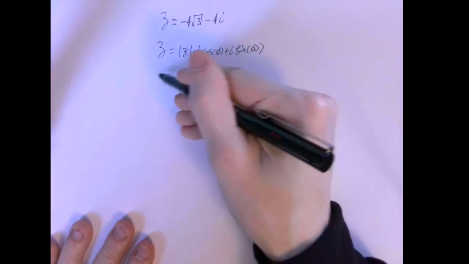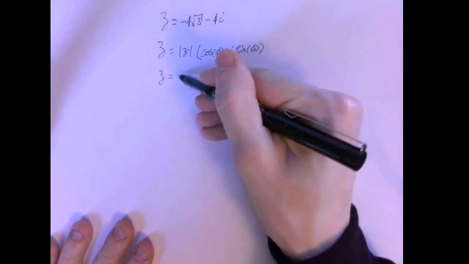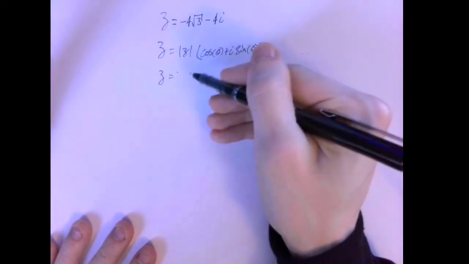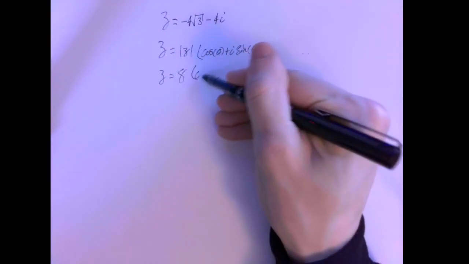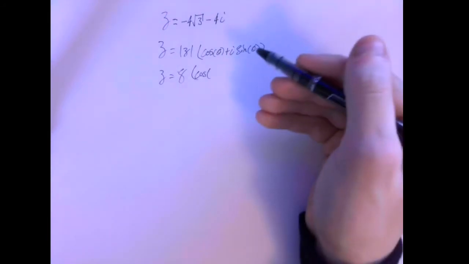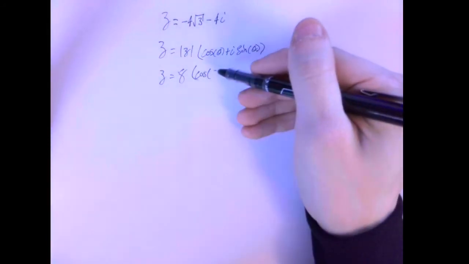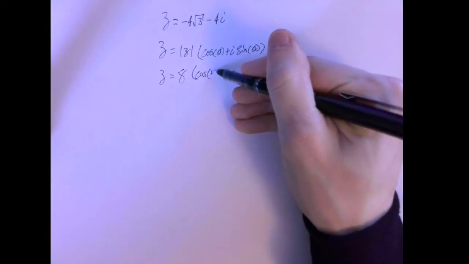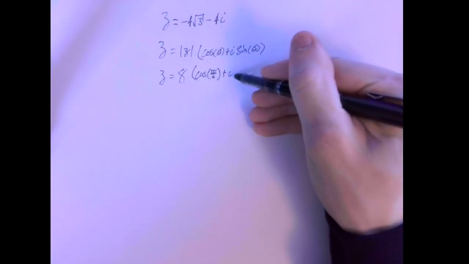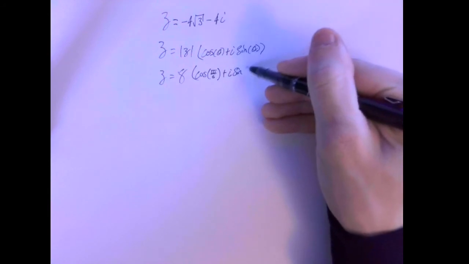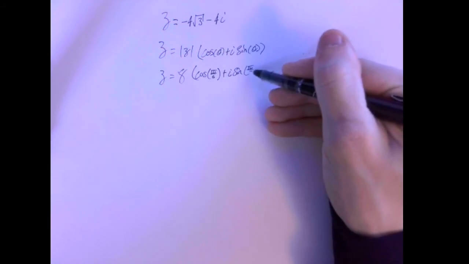And we want to plug in all the things we know. So we know the modulus, or absolute value of z, is 8. And we know that the argument here is going to be pi over 6, which is 30 degrees, plus i sine of pi over 6.